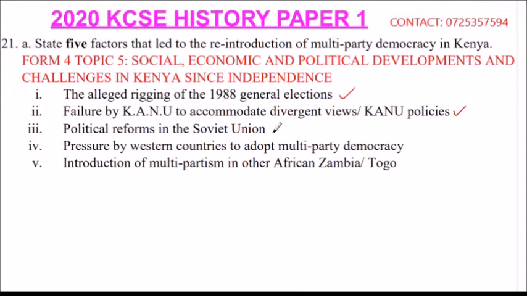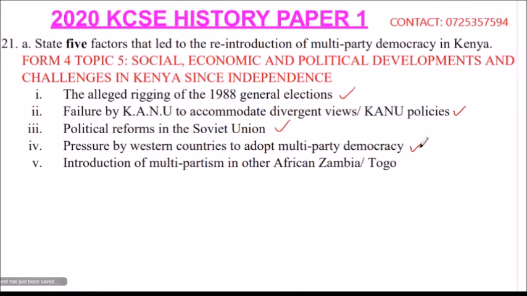Number 3, political reforms in the Soviet Union. So there were other places like Soviet Union where people are fighting for democracy, to have more than one party. So that also led to the introduction of multi-party. That is international, can say international interferences. Number 4, pressure by Western countries to adopt multi-party democracy.